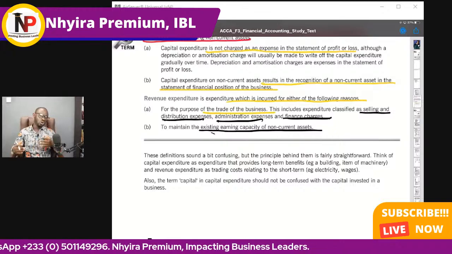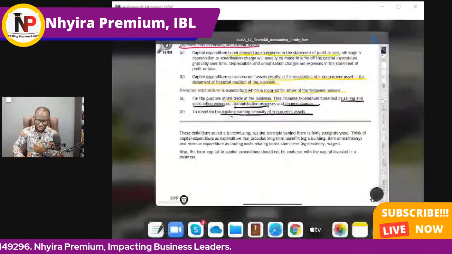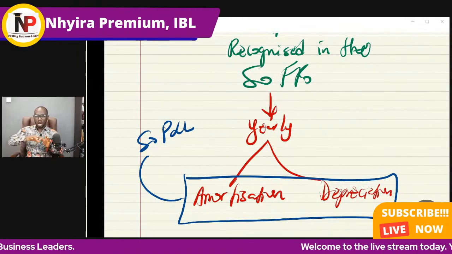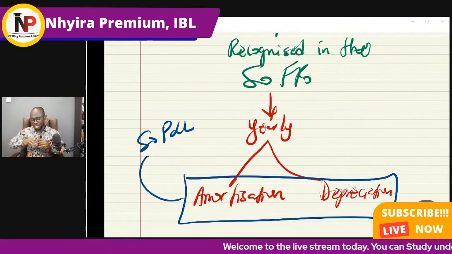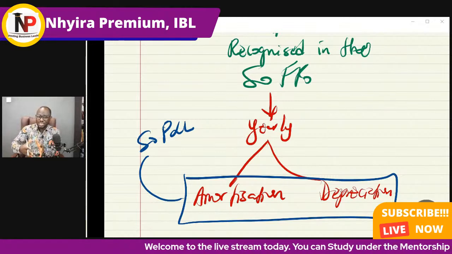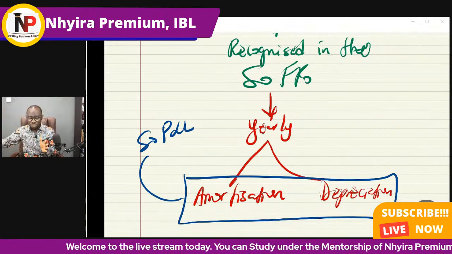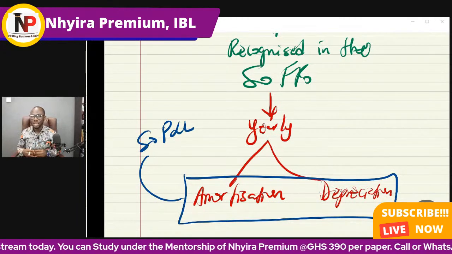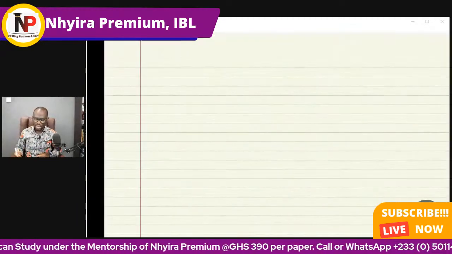So in simple language, what we are saying here is that whilst capital expenditure is on long-term assets, with long-term benefits, its consumption goes beyond one accounting year. Revenue expenditure, its consumption is within one accounting year in that case.